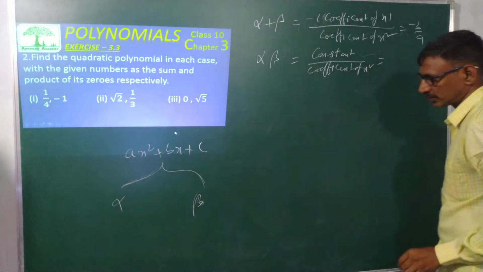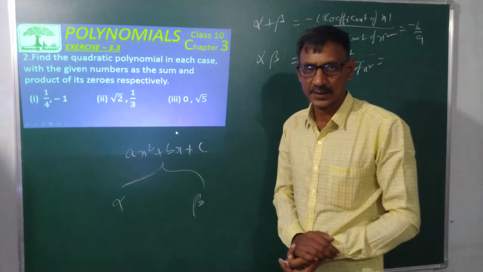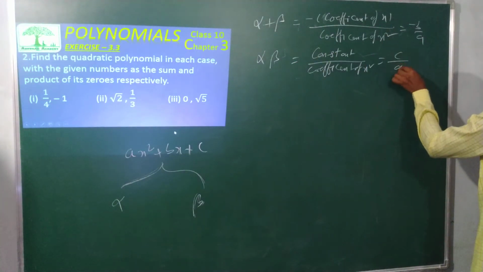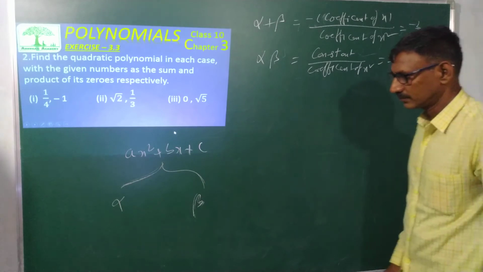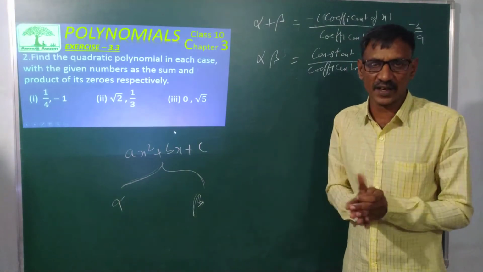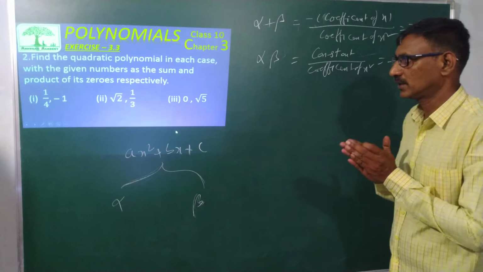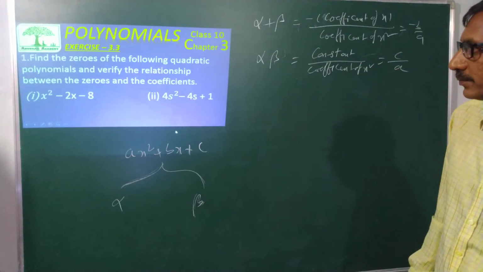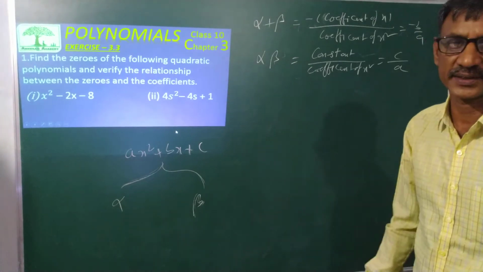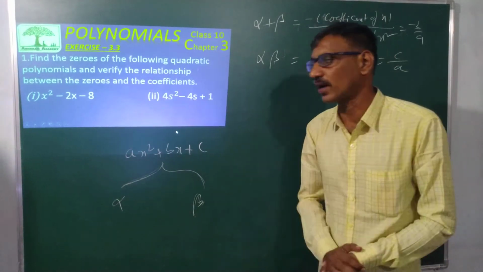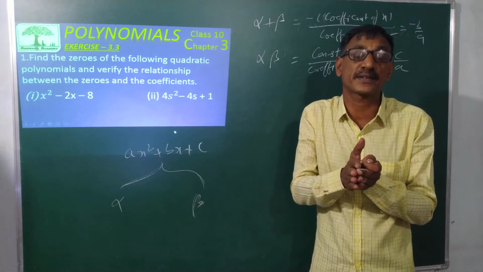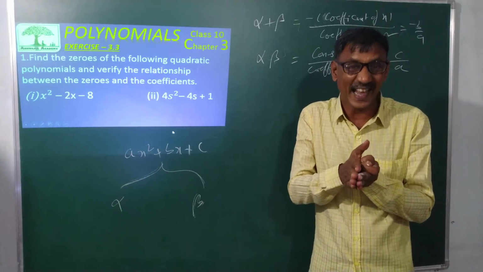In shortcut we can write c by a. Any doubt in it? This we discussed yesterday and we proved it from the first problem. From this problem we discussed how to find the zeros of the polynomial, and we took a relation between the coefficient of x square, the coefficient of x and the constant.